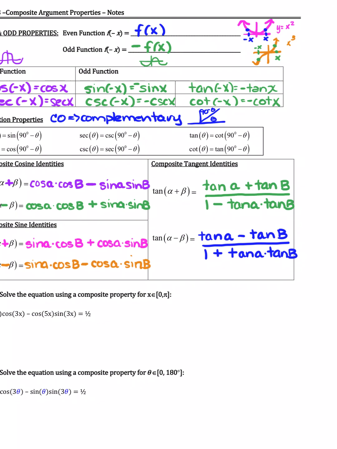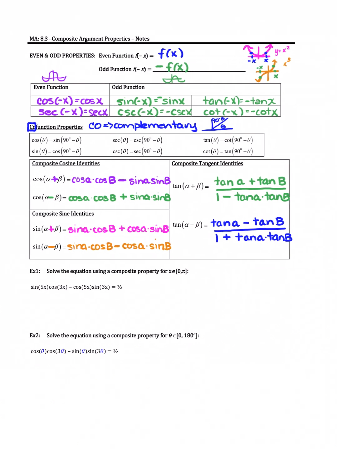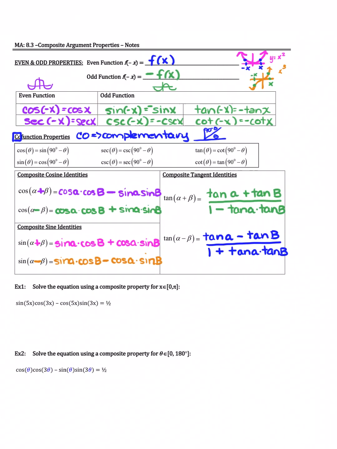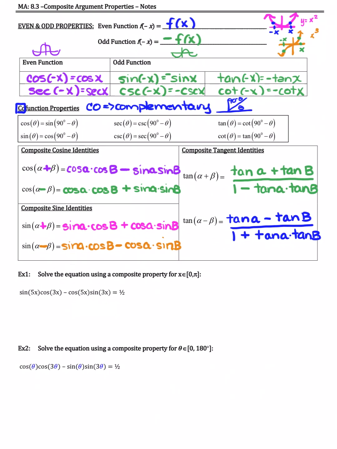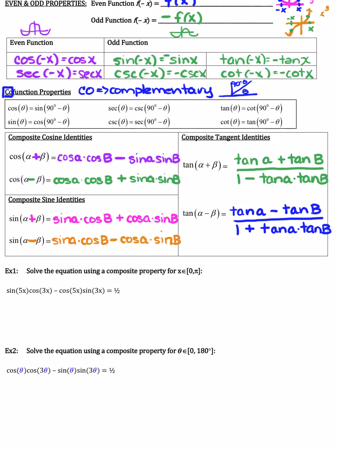All right, so there are all your lovely composite, even, and cofunction properties. Now, let's start to use them. One of the nice things about using them in your trig, so we see down here, we've got this big long expression, it's got sine in it, it's got cosine in it, and we know that if you're going to solve a trig equation, you only want one trig type.